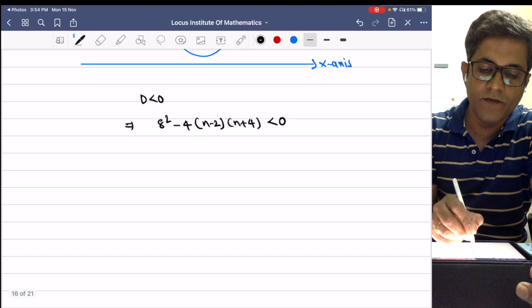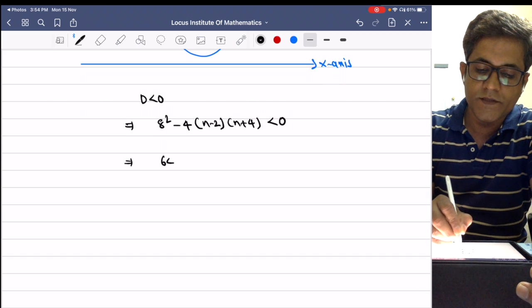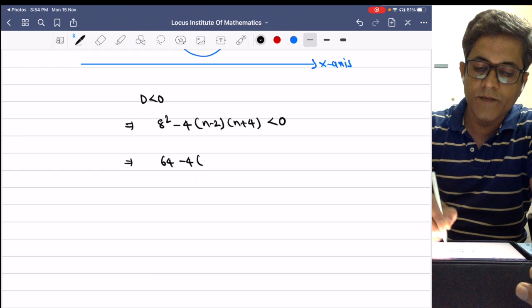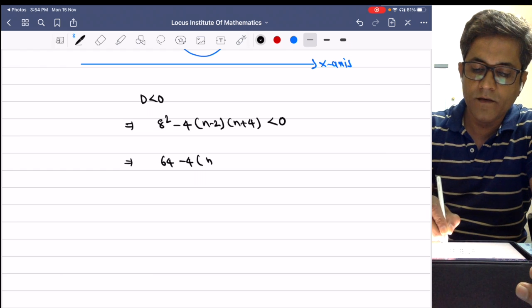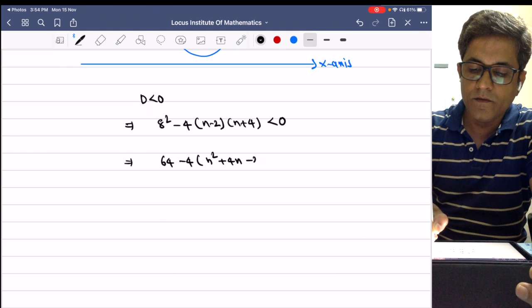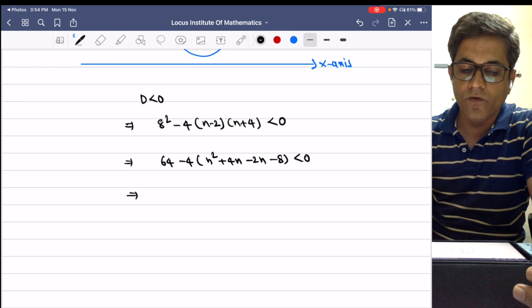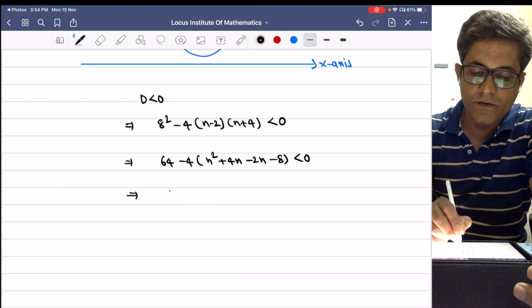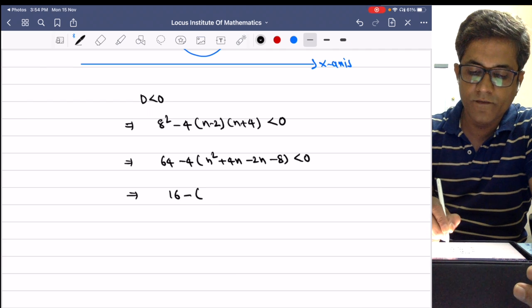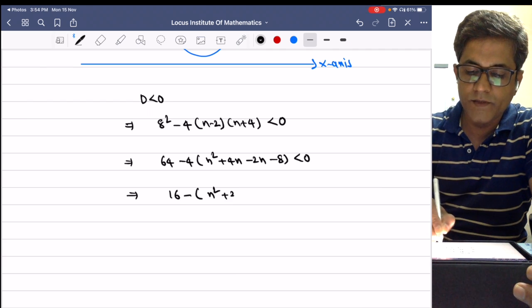Now if you solve this inequation, this is 64 − 4 times, if you open the bracket, n² + 4n − 2n − 8, less than 0. That implies, taking 4 common and cancelling, 16 − (n² + 2n − 8) < 0.